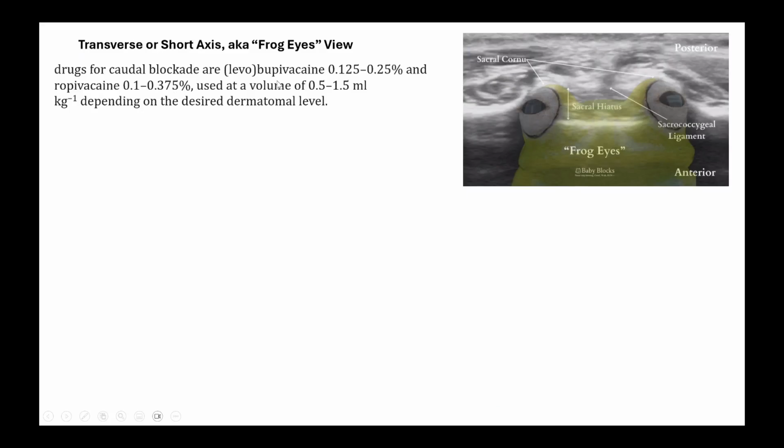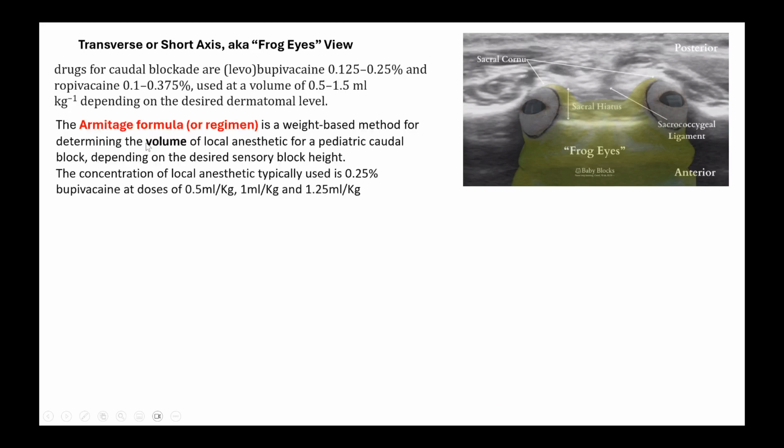The drugs that we use are usually levobupivacaine 0.125% or 0.25%, with a volume of 0.5 to 1.5 ml per kg depending upon the desired dermatome. The Armitage formula is usually the common formula that they may ask you in the exam. For any sacral or lower abdominal procedures, you can just give 0.5 ml per kg.